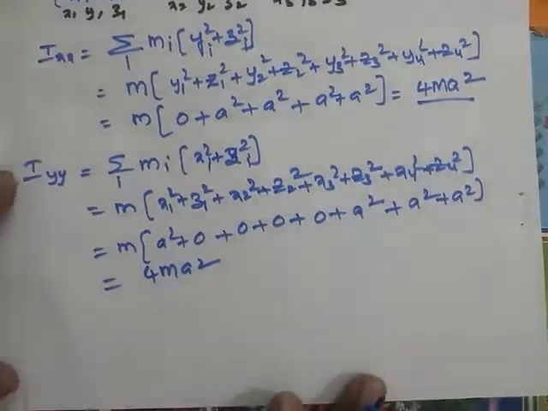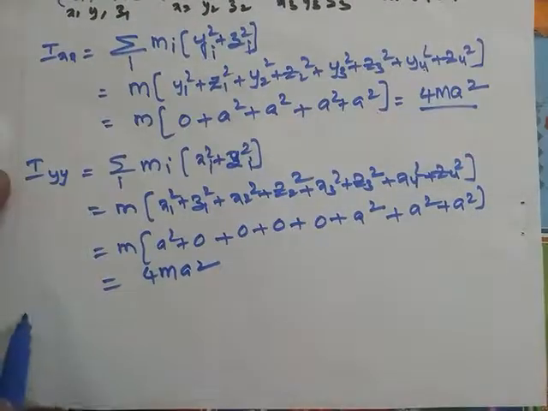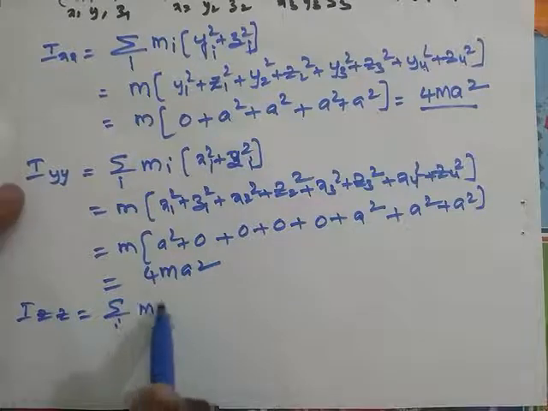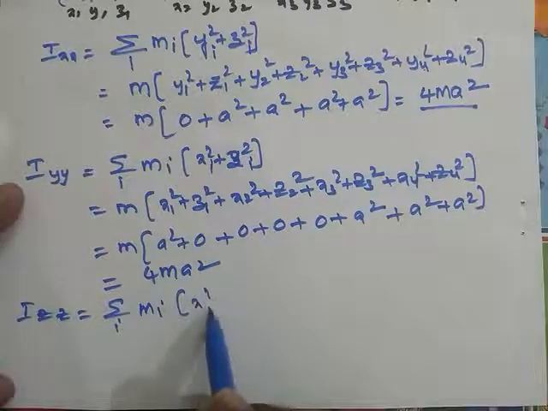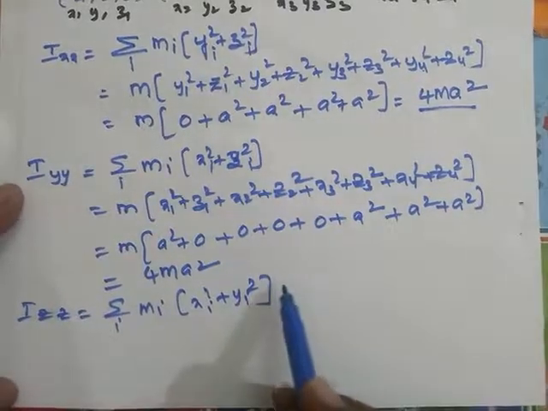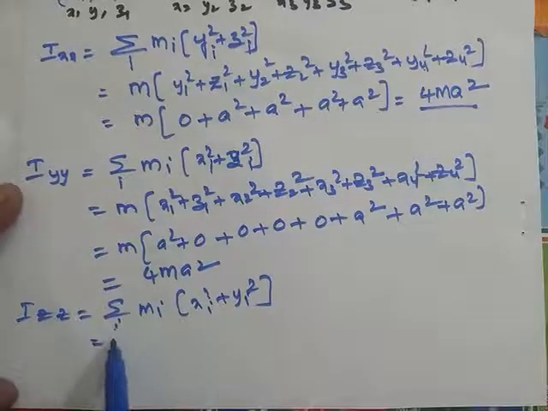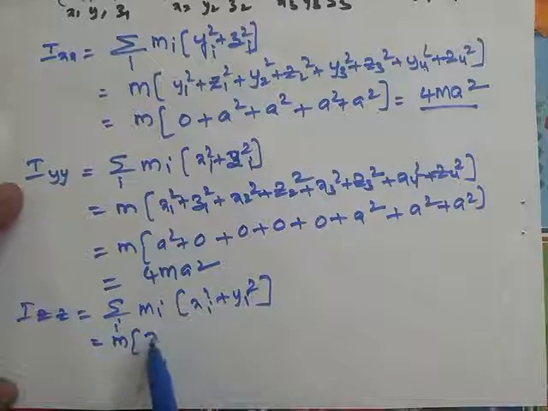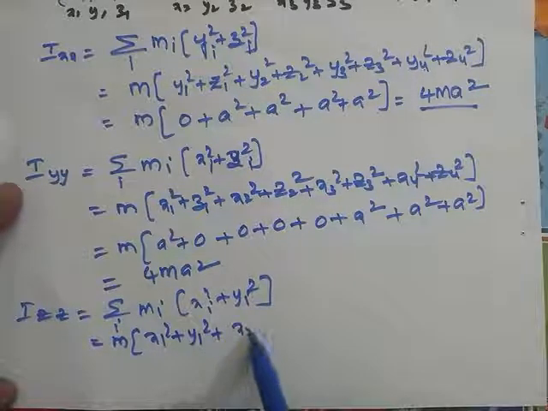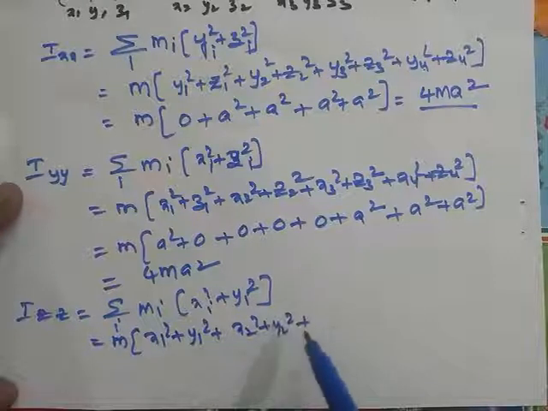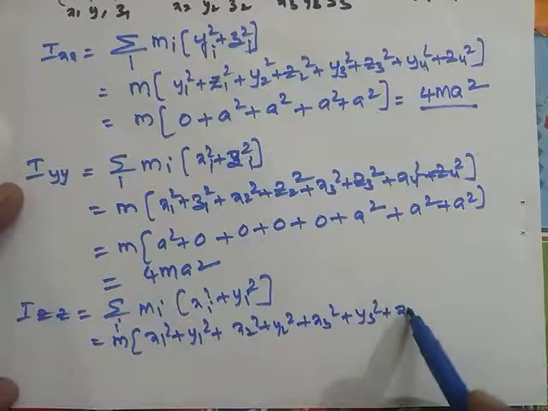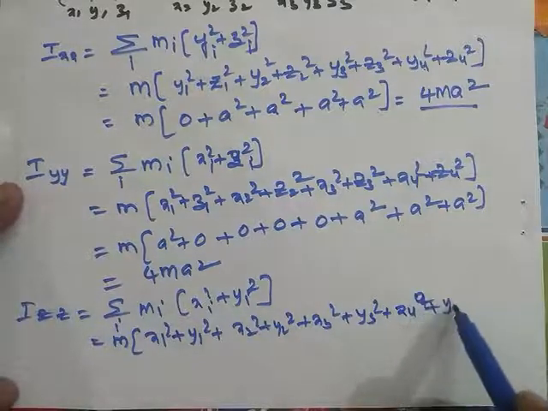Similarly, Izz is summation over i of mi times (xi square plus yi square). Expanding, we get m times (x1 square plus y1 square plus x2 square plus y2 square plus x3 square plus y3 square plus x4 square plus y4 square).